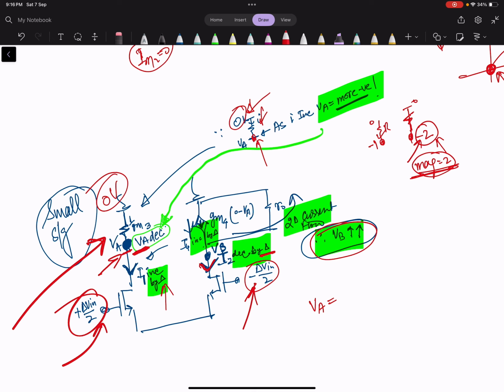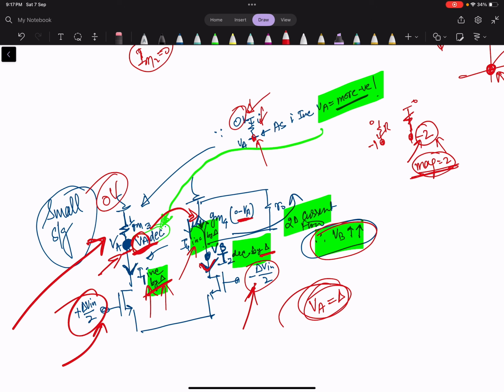We want to know here that I1 is increased by delta, and because of that VA has some delta, and we will propagate this delta in I1 to I4, because whatever the change in VA will go to the gate of M4.